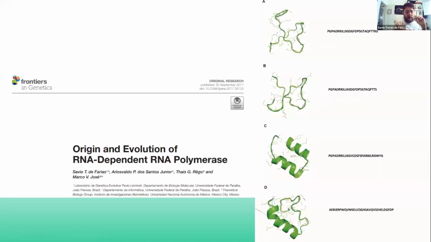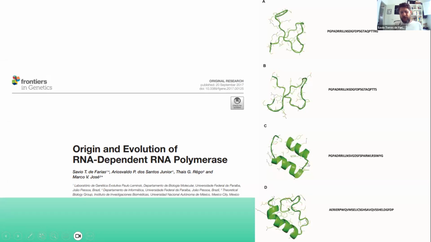So this paper was published in 2017 in Frontiers in Genetics, and here you can see the structure of the RNA-dependent RNA polymerases derived from the translation of the tRNA ancestral sequence. Okay, this is a small part.